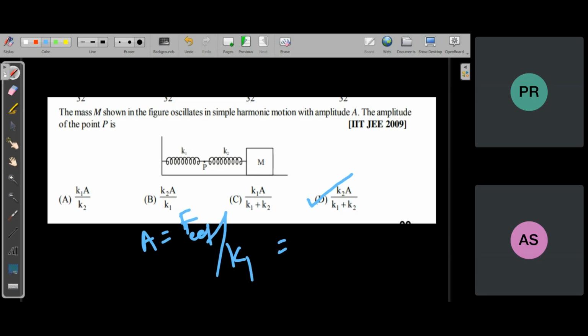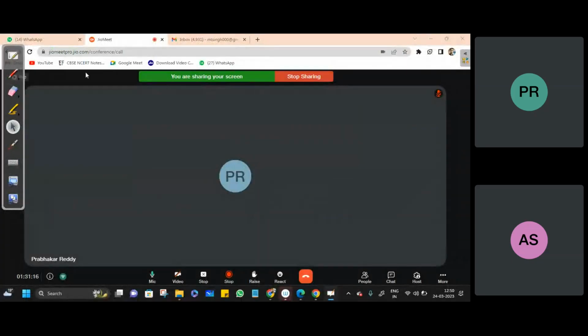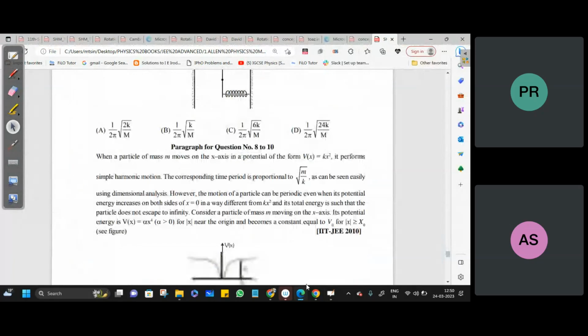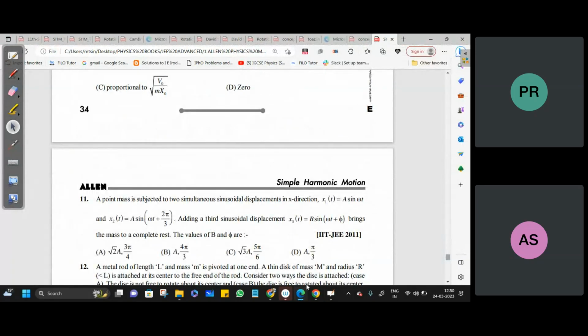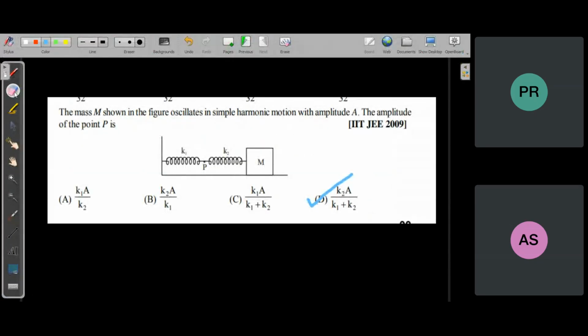Okay, and what is F effective? K1 K2 by combined K1 plus K2 into S. Yeah. Okay. That is the correct answer.